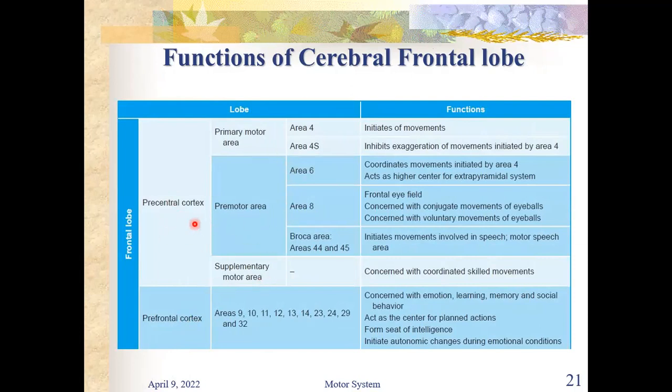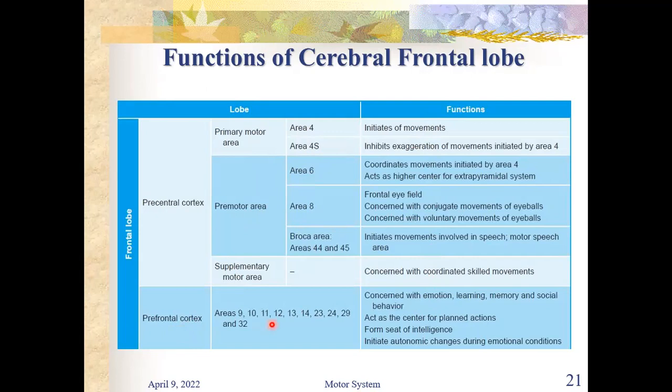You can also call it the precentral cortex. So it encompasses the premotor area, the primary motor area, as well as the supplementary motor area. Okay, so these are the Brodmann areas as it is listed, and these are the functions of those areas.